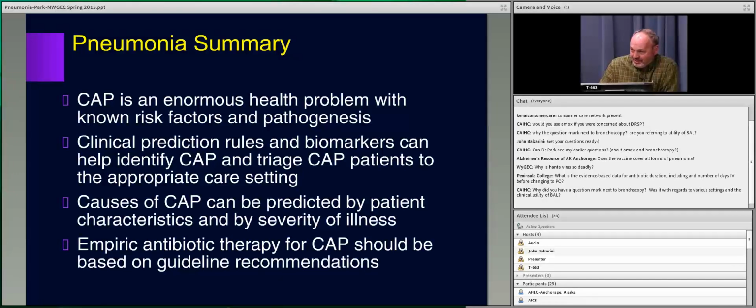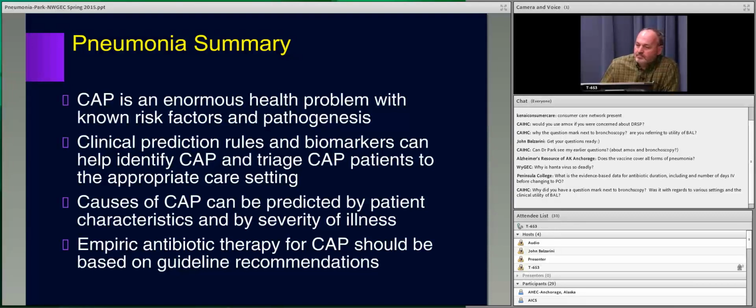Probably a week or 10 days is sufficient for most pathogens. It's possible that some people would be cured with far shorter duration of therapy. Some people appear to need a lot longer therapy, and those include people with abscesses or necrotizing pneumonia. And then if you have a pleural collection, if it's infected, it needs to be drained in order to resolve.